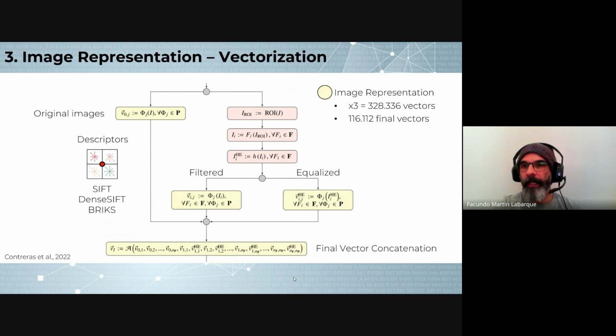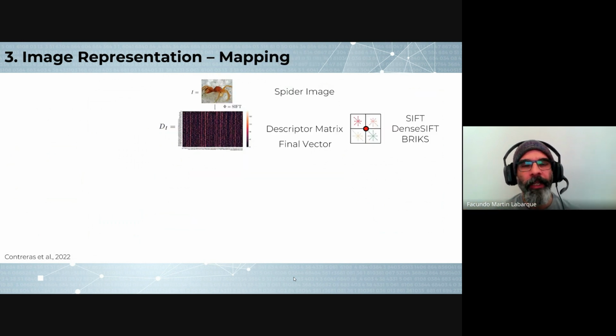That's why we have 3 times the number of vectors from each image, totaling 3,000 more or less vectors. Then all these vectors we concatenated into a final vector concatenation, to have this big vector per image that is all the information from that image.